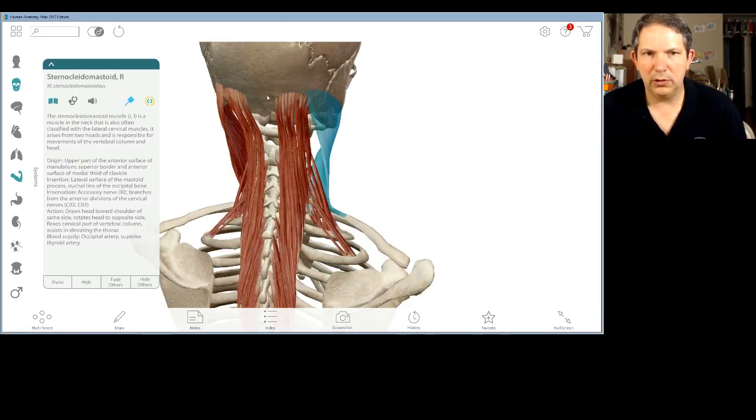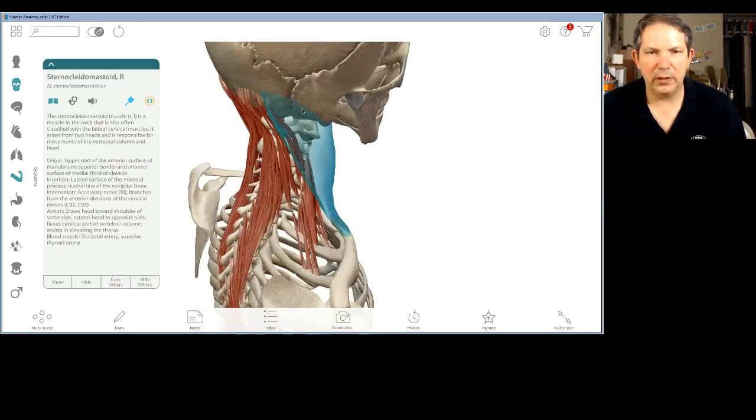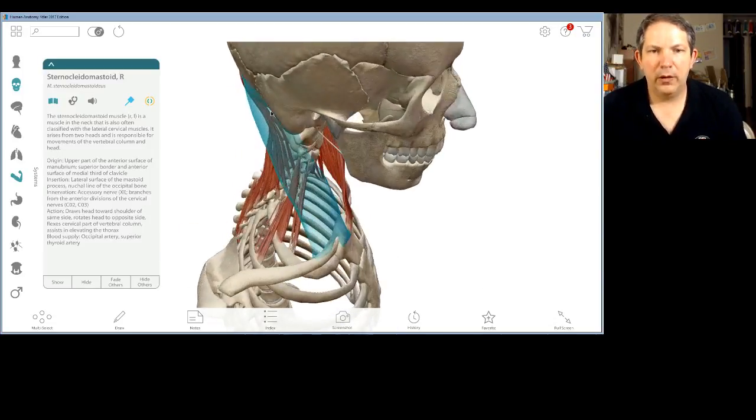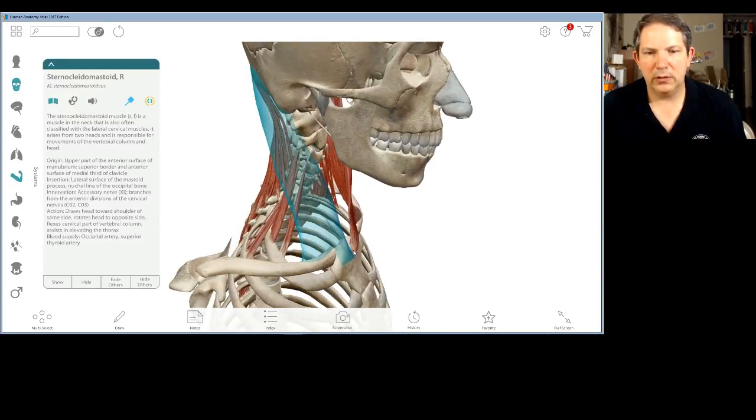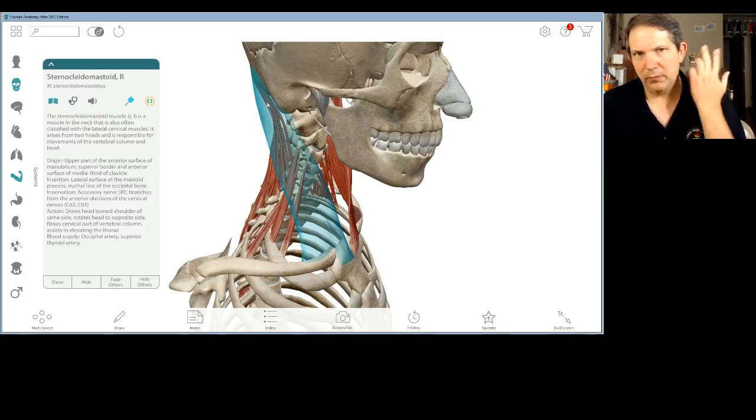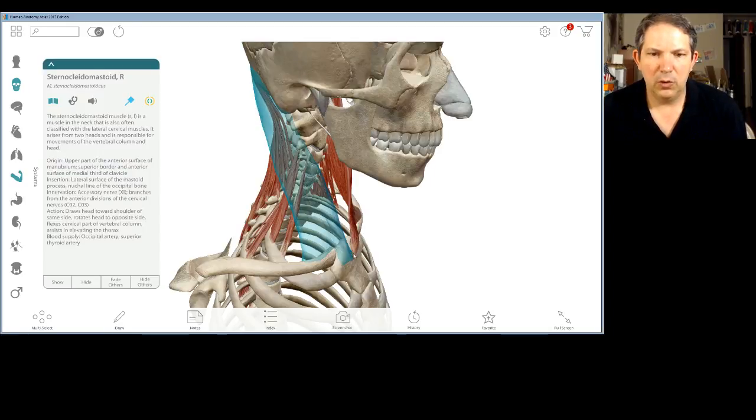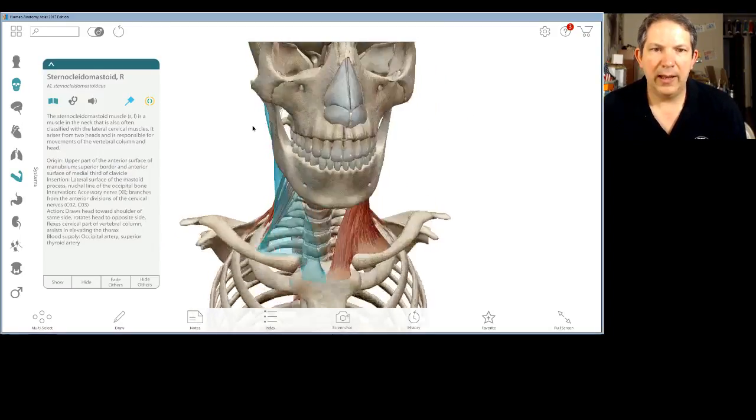So there's the spine of the occipital bone and the nuchal line. It's where the different neck muscles are inserting. Anyhow, sternocleidomastoid: sternum, clavicle, mastoid process. That's good enough for knowing its origins and insertion, and the action depends if you're using just one or both.